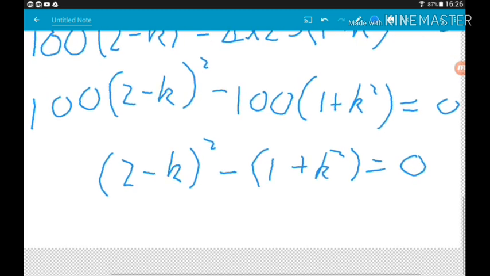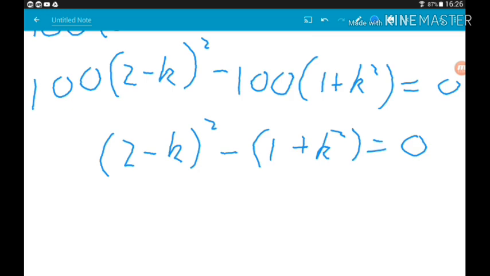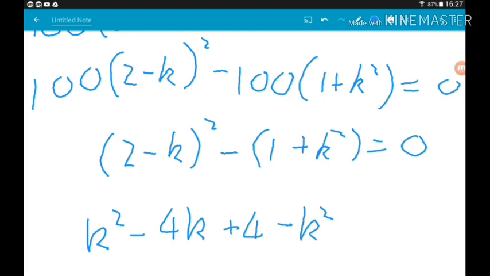So if we expand out this first bracket, we're going to get k squared minus 4k plus 4, and then we've got minus k squared, and minus 1 is equal to 0.